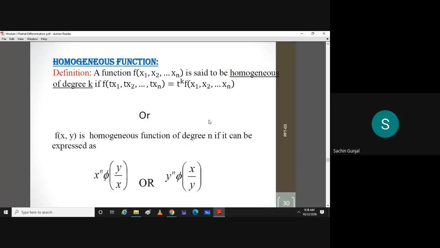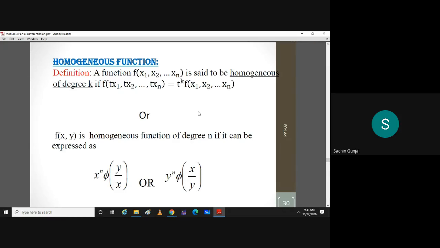This is a homogeneous polynomial, right? And its degree is 4, isn't it? Yes, sir. Now we are going to see homogeneous functions, which include homogeneous polynomials as well as other homogeneous functions.